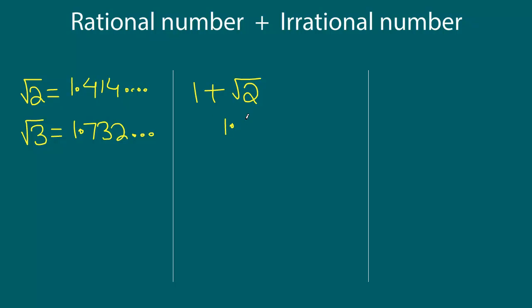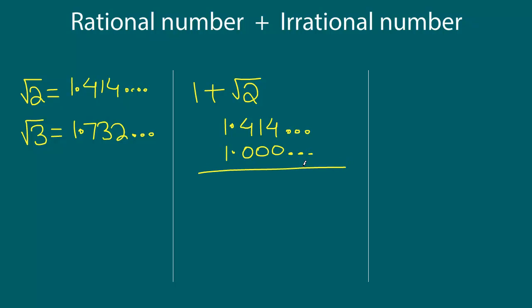So we have 1.414, and this is a non-terminating, non-repeating decimal expansion, right? And 1 is simply 1.0, or we can write as many zeros over here, right?